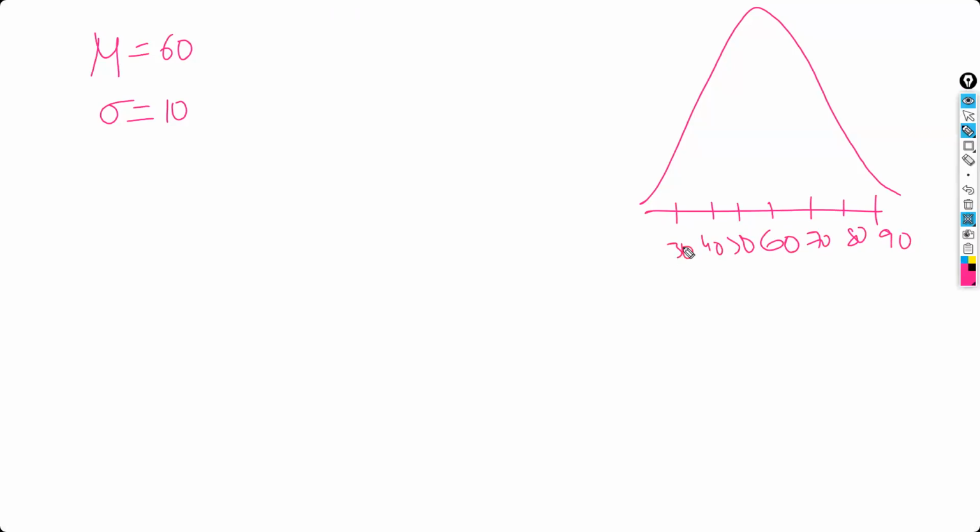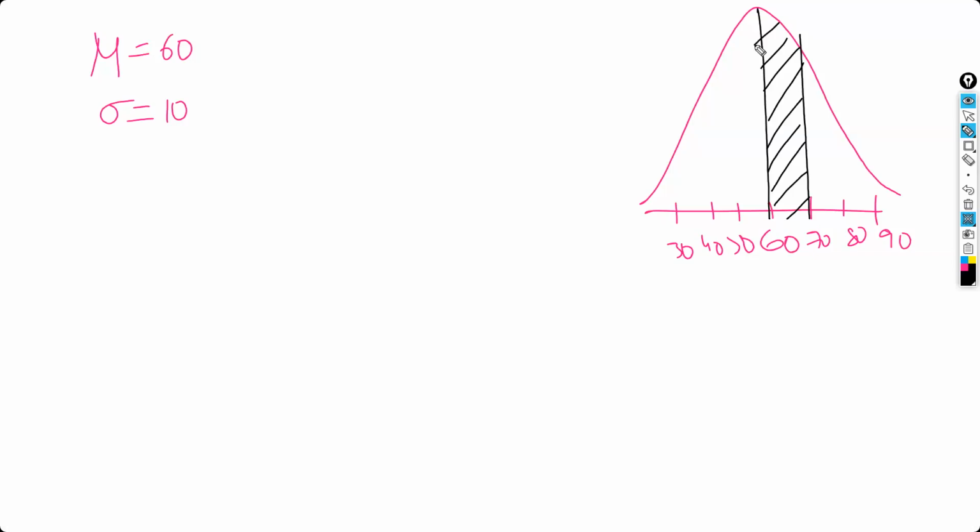Now my requirement is the probability of 60 to 70. 60 to 70 means they are asking the question between this one and this one. This is the area which they are asking. Up to here everyone is clear? The question is clear first: mu value 60, sigma equal to 10, and this is the area.